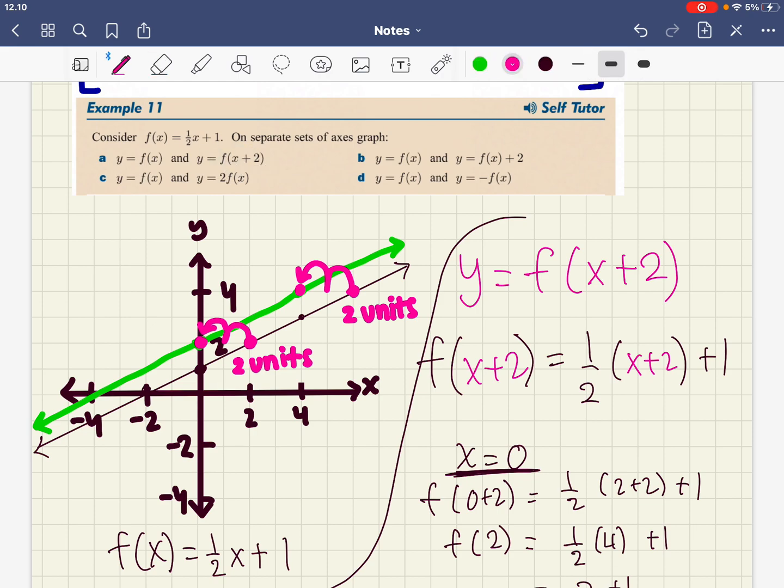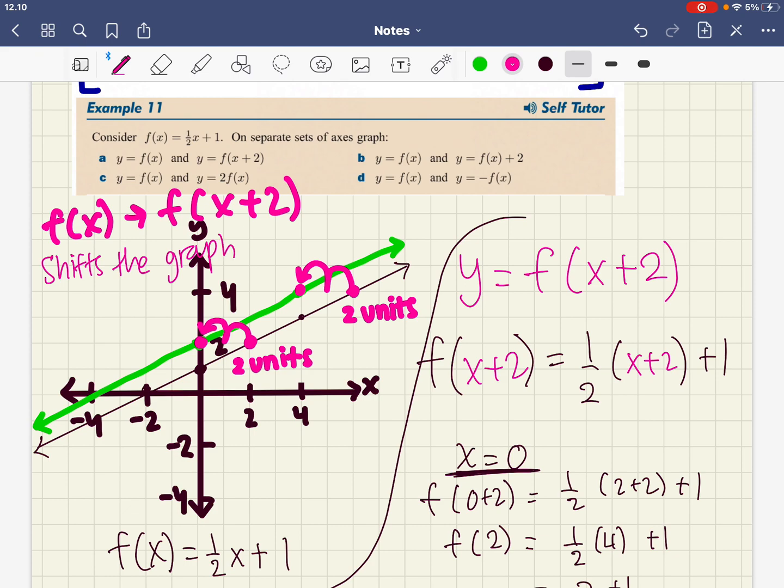If we transform from f of x to f of x plus 2, this shifts the graph 2 units to the left. You're right.